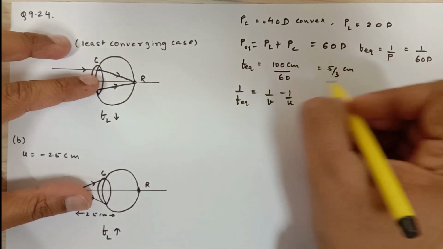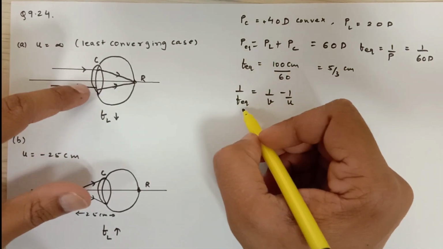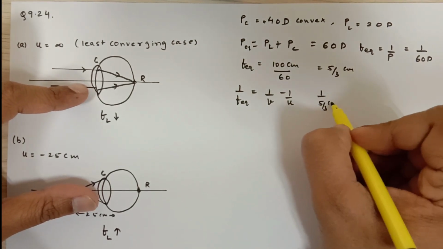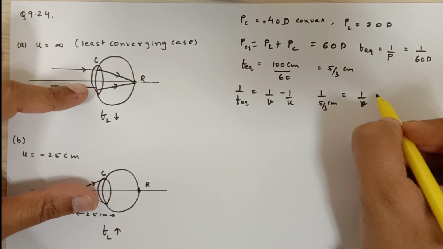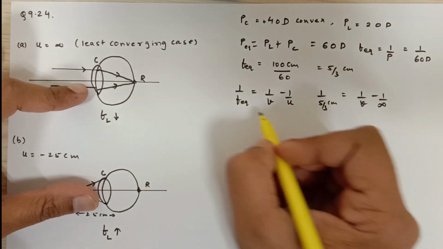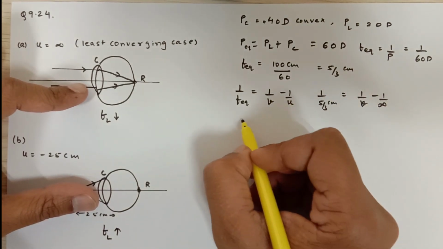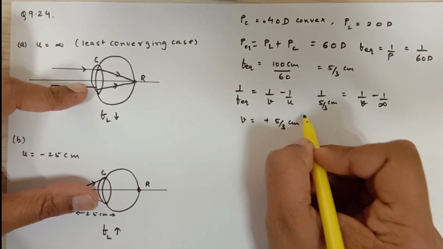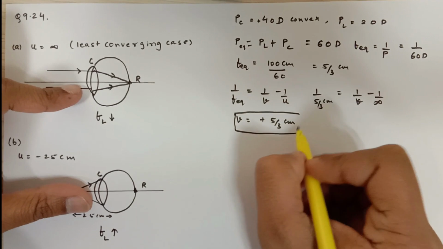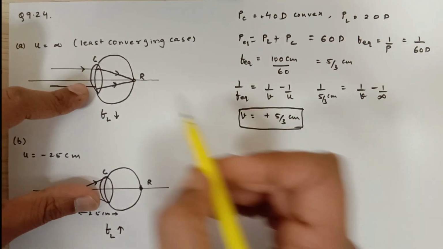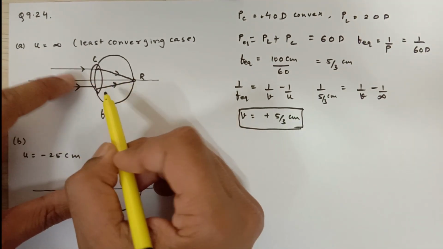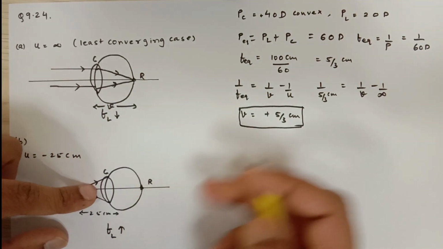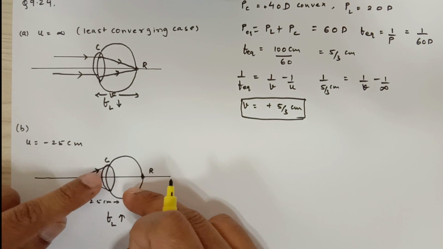I am supposed to find the equivalent focal length of these two. 1 upon f is 1 upon v minus 1 upon infinity, so the final image distance is plus 5 by 3 centimeter. This image is formed on the retina, and this distance is going to remain the same over here, so this value can be used here also.